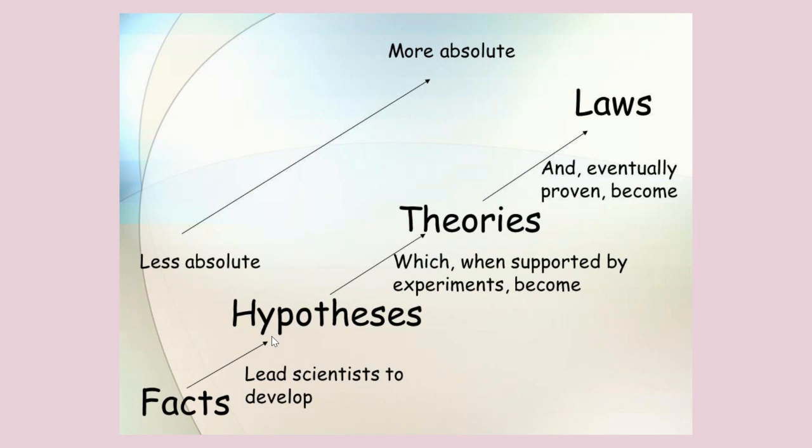And a law is more or less proven. It's the most absolute information. Typically, theories can change and be overwritten or overridden, but laws do not. They've existed for a very long time and are proven to be true in many different settings. So, from most definite, absolute to least definite, absolute is going to be law, theory, hypothesis.